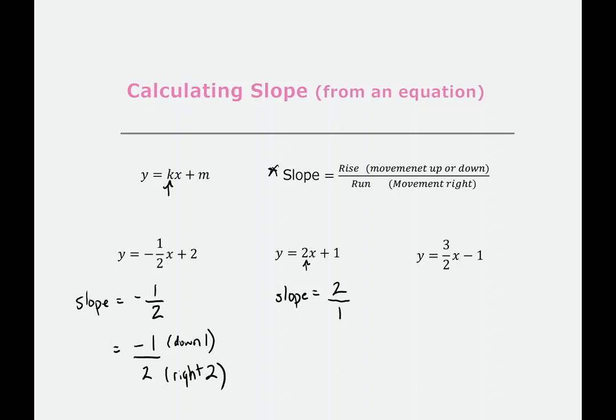That means that we're going to go up 2 to the right. And the last example, our slope, nicely written, it's 3 over 2. Means we're going to go up 3, right 2.